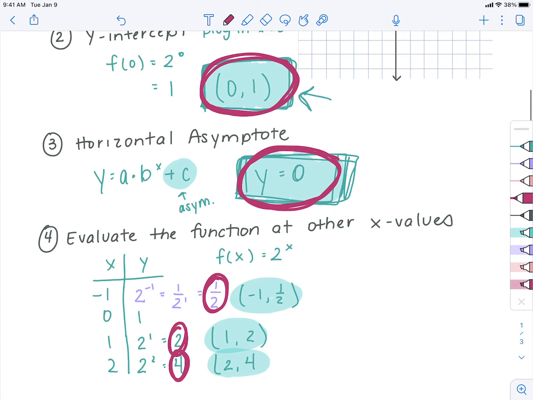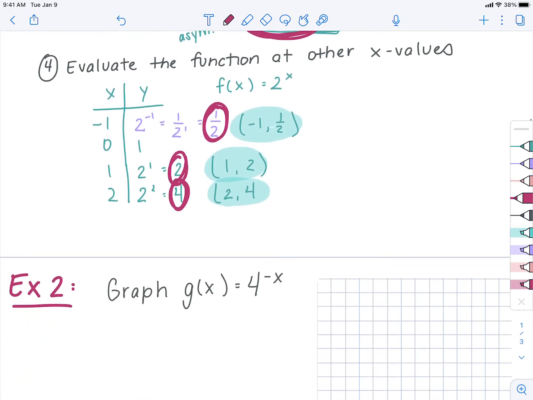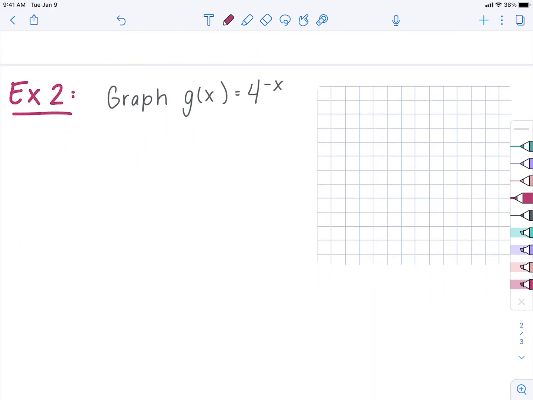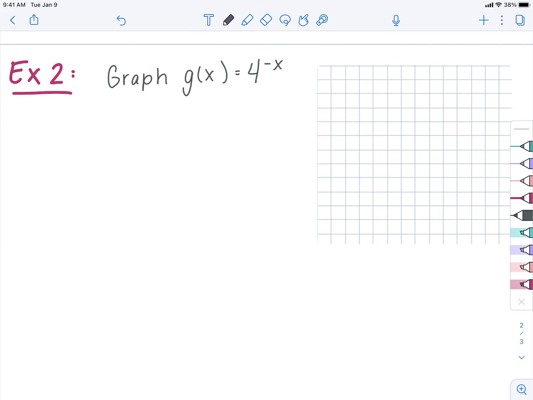So let's try one more just to make sure it really makes sense. So let's graph g of x equals 4 to the negative x. So first, we're going to say it's growth since b equals 4. But then I look at it and I notice that it's b equals 4 to the negative x.